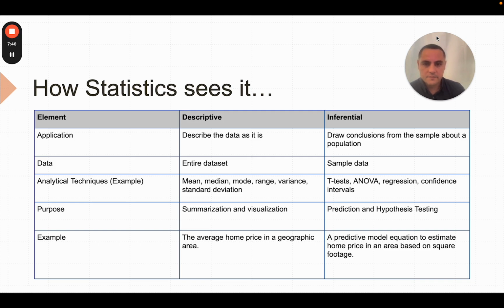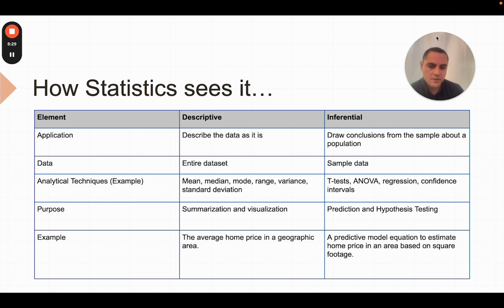With descriptive, and you can tie this to the types of analytics, we're describing the data as it is. In a descriptive setting, we're using all of the data, and we might do some basic summaries, including the average or mean, the median or 50th percentile, the mode, the range of values, the variance, and the standard deviation. All of those can be done with quantitative or numeric data.